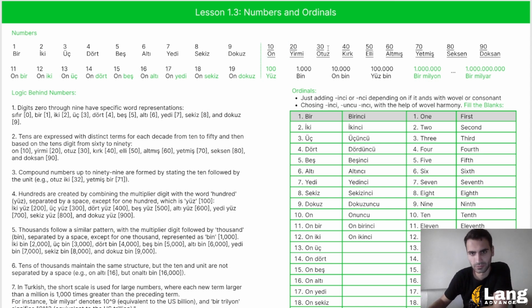And there is also 10, 20, 30, 40, 50, 60, 70, 80, 90, and back down 80, 70, 60, 50, 40, 30, 20, 10. Okay, we will practice them. Don't worry. Just right now, I'm making you hear them.